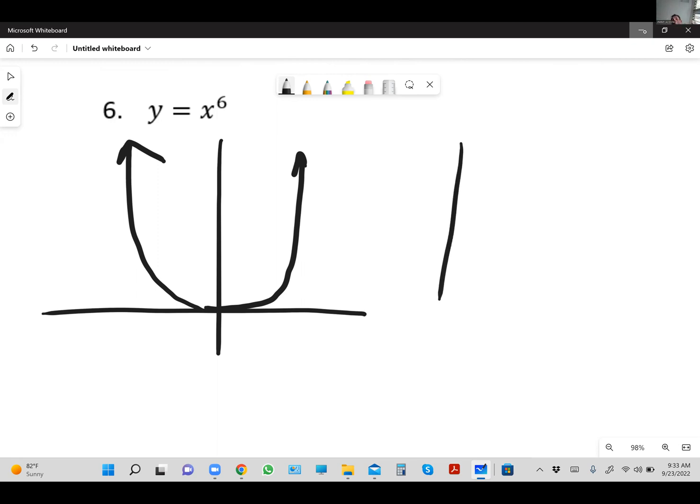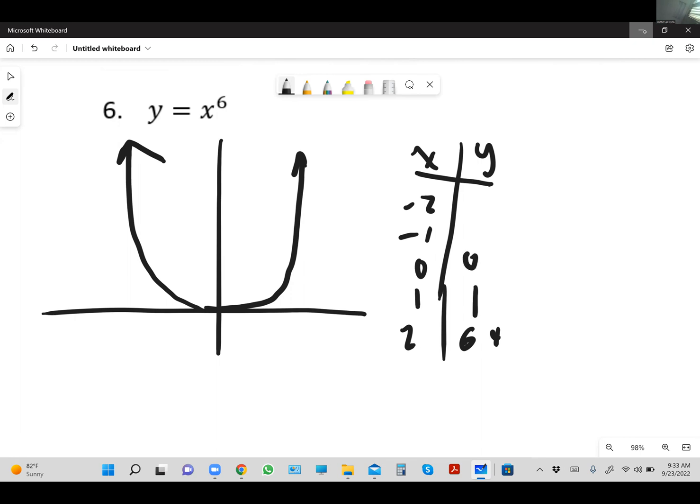If it's something simple like that, I would just put -2, -1, 0, 1, and 2, and then 2 to the 6, which is 64. So 64, 1, 0, 1, 64. So it's like a flattened U, a flattened parabola.